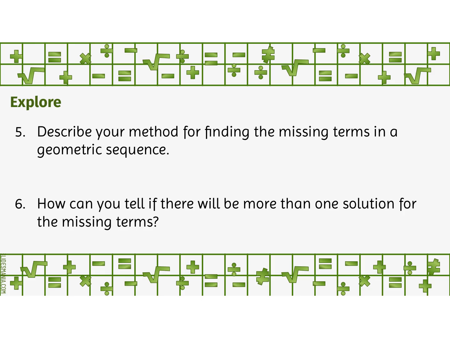So let's explore some stuff. This is on page 84. It says, describe your method for finding the missing term in a geometric sequence. I have 4 steps that I've been following. Number 1, I divide the last term by the first term.